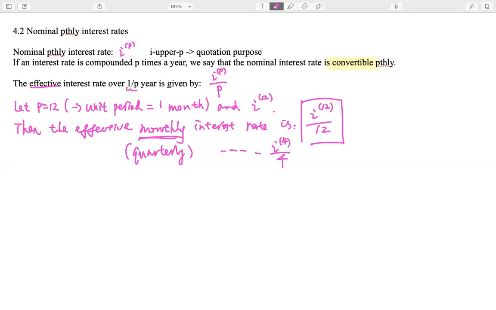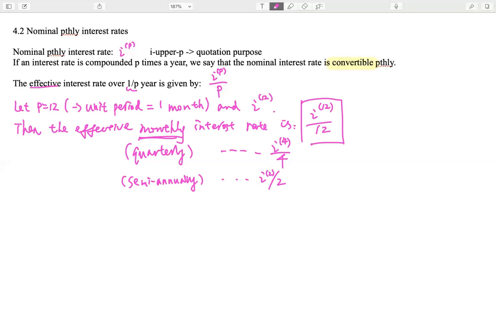Of course, you can also do semi-annually. That means it's I upper 2 divided by 2, depending on the value of P.